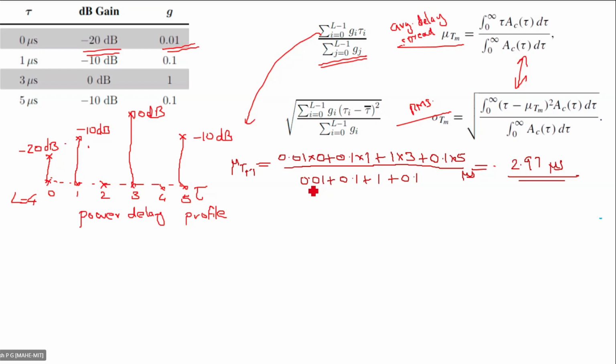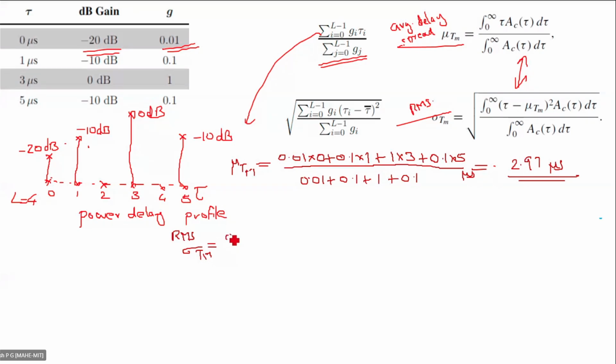And we have to find one more term, that is RMS delay spread. So what is RMS delay spread? RMS delay spread is equal to sigma tau m, which is equal to, how can we do that? We need to have G0 first, right? The first gain. G's correspond to the gain, that is G0 in linear scale.